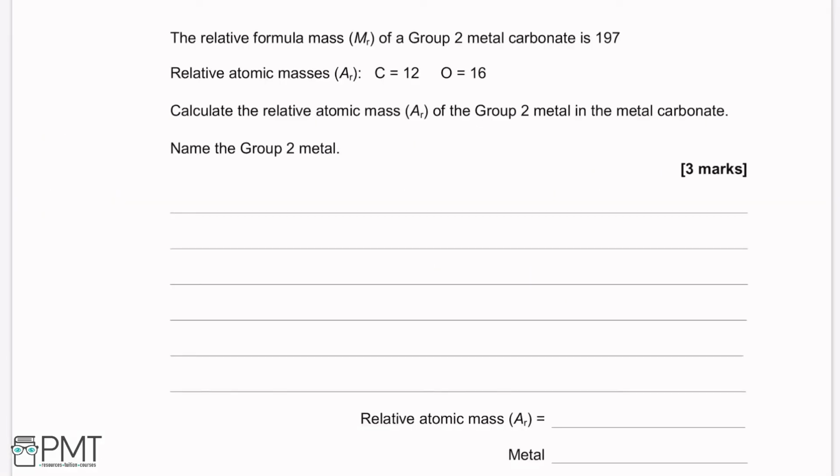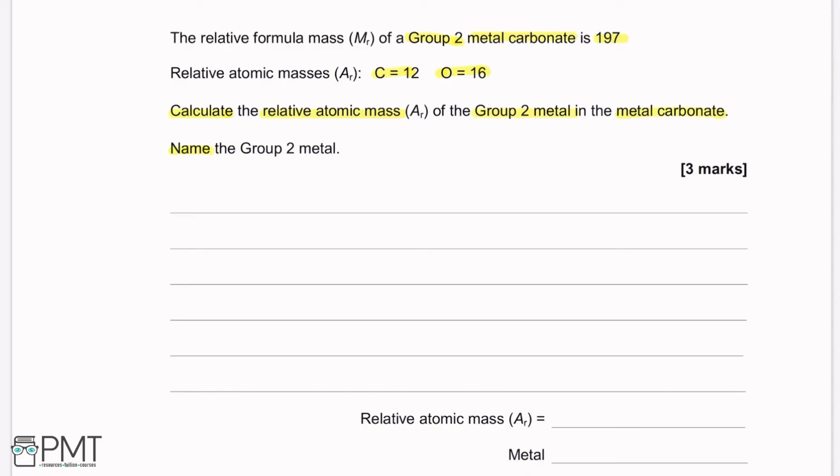The relative formula mass of a group 2 metal carbonate is 197. We are given the relative atomic masses of carbon, which is 12, and oxygen, which is 16. We need to calculate the relative atomic mass of the group 2 metal in the metal carbonate, and then we need to name the group 2 metal. So, let's start by thinking about what the formula of this group 2 metal carbonate will be.